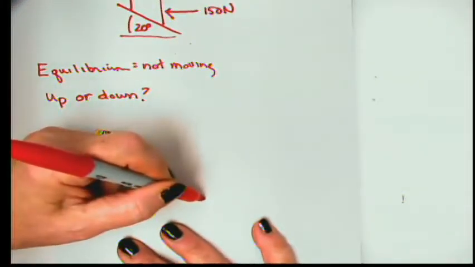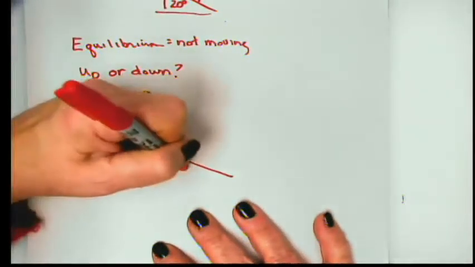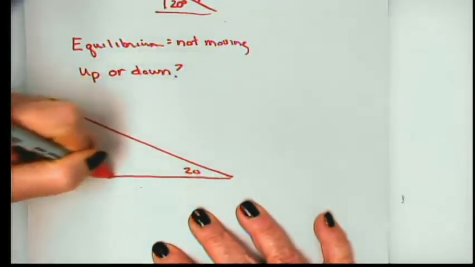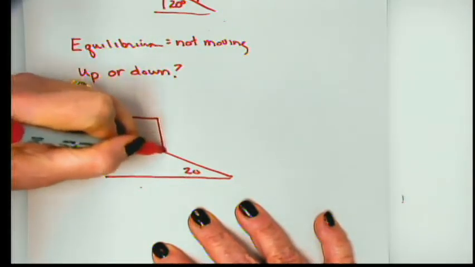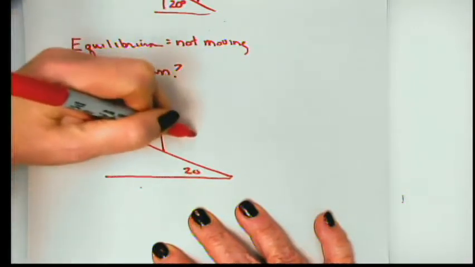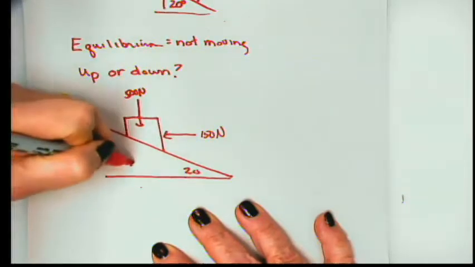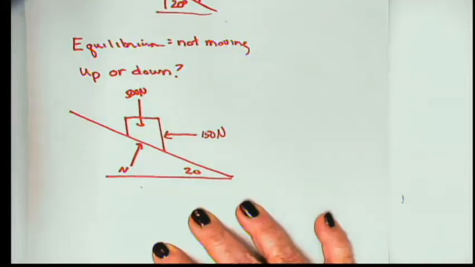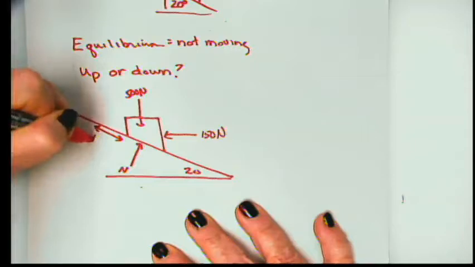All right, so to draw a good free body diagram, I'm kind of exaggerating a little bit, but we have 500 vertical, 150 horizontal. We know that we have a normal force that is acting perpendicularly to the surface of contact, and we know we have a force of friction that is either up or down.